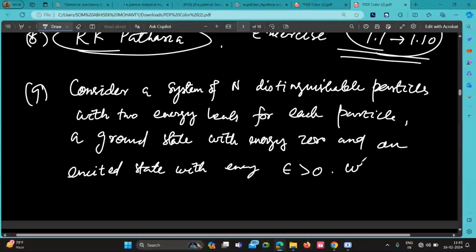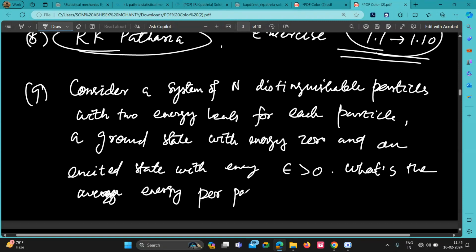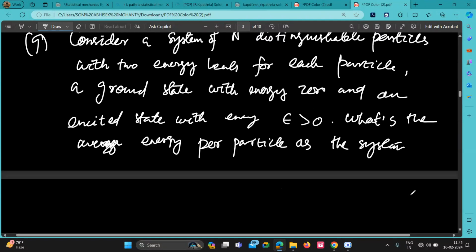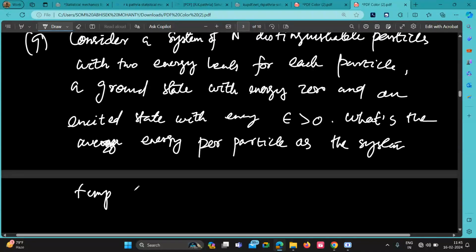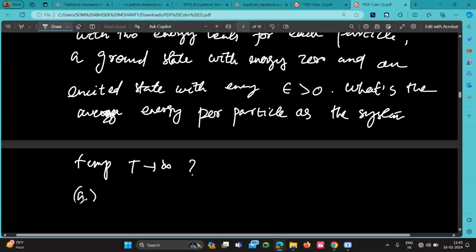What is the average energy per particle as the system temperature T tends to infinity? Options are 0, epsilon by 2, epsilon, infinity. So this is the question.